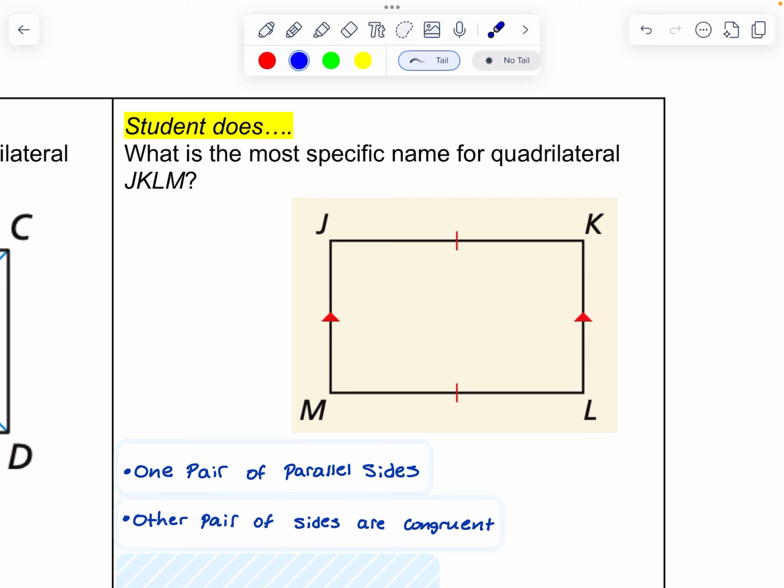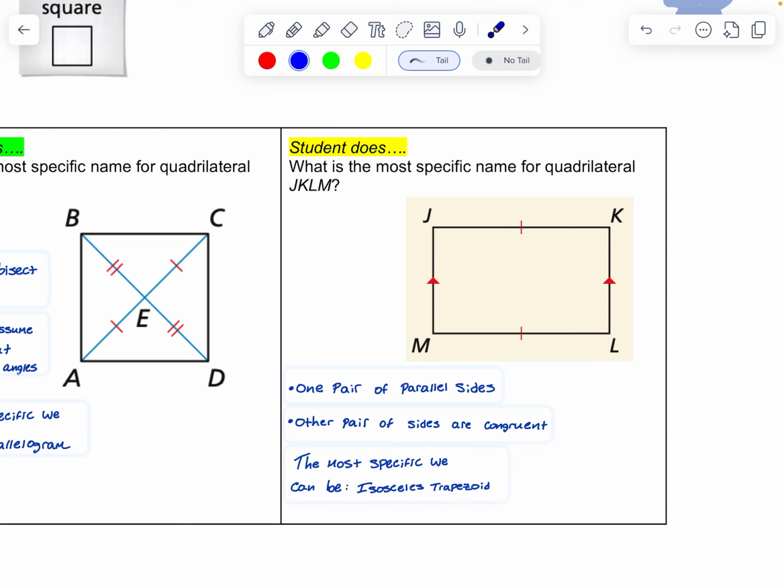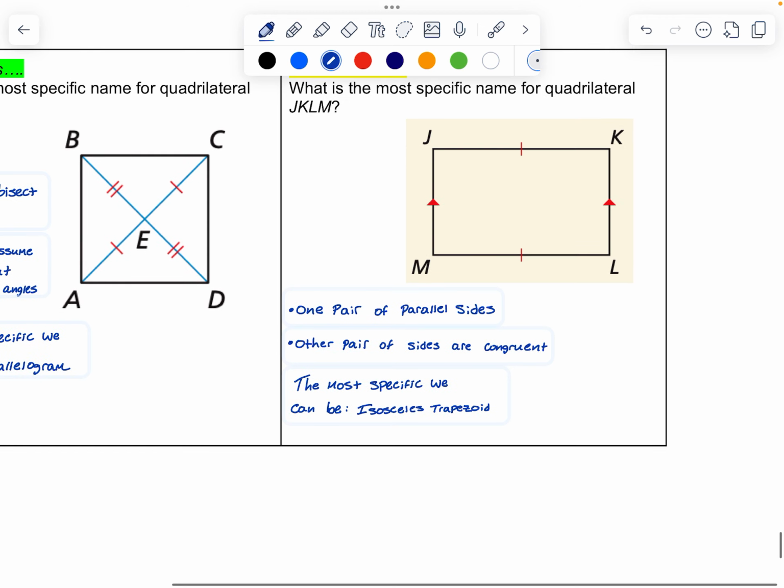Well, I guess before I get into that, one pair of parallel opposite sides, one pair of congruent opposite sides. That's an isosceles trapezoid. Do all isosceles trapezoids look like that? No, most of them look something like this.